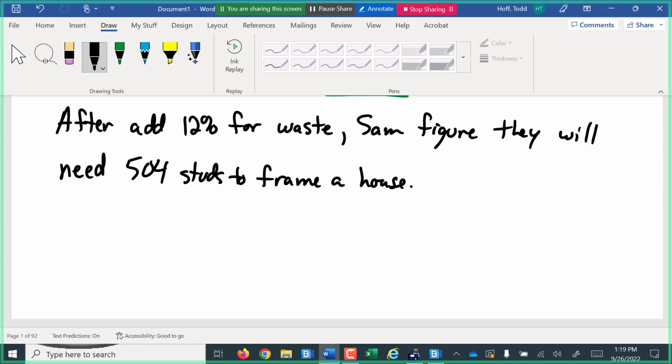So the question here is, how many are added for waste?